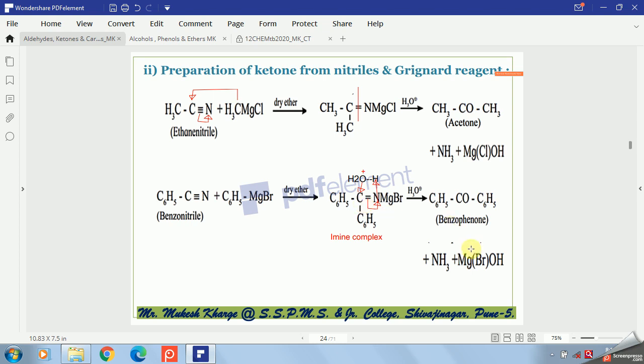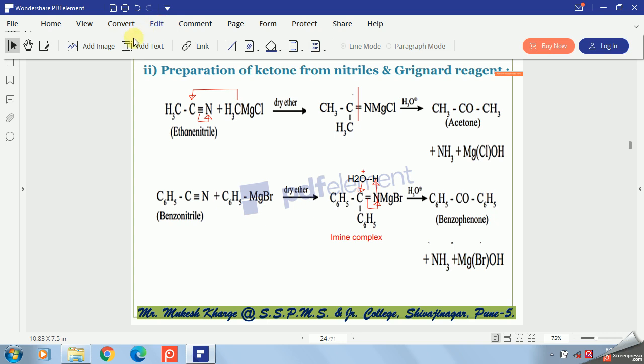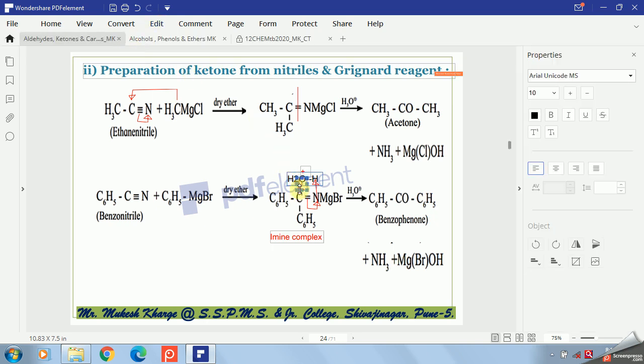Okay, so to get benzaldehyde plus NH3, so you can write it like this, that hydrogen kept away, only add water, first OH, and then transfer this, write down here H plus, that H plus reacts with this NH and it becomes NH3.